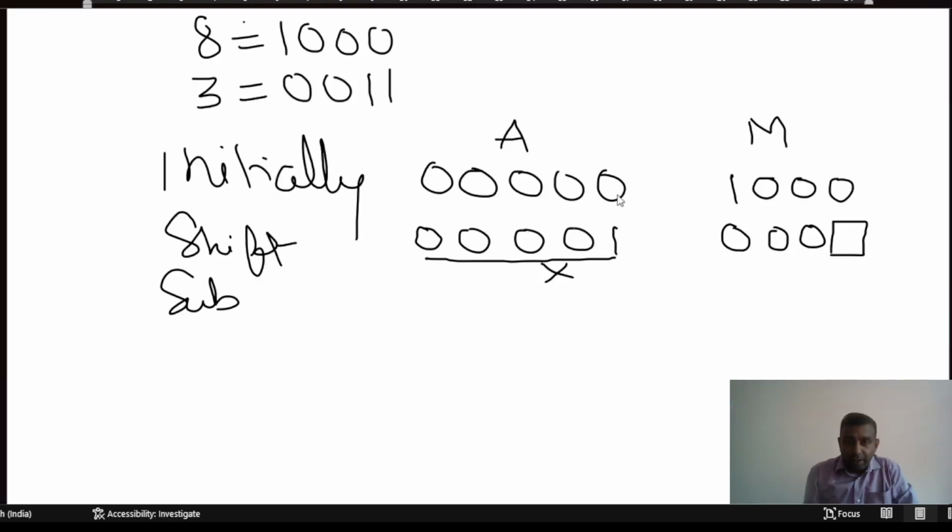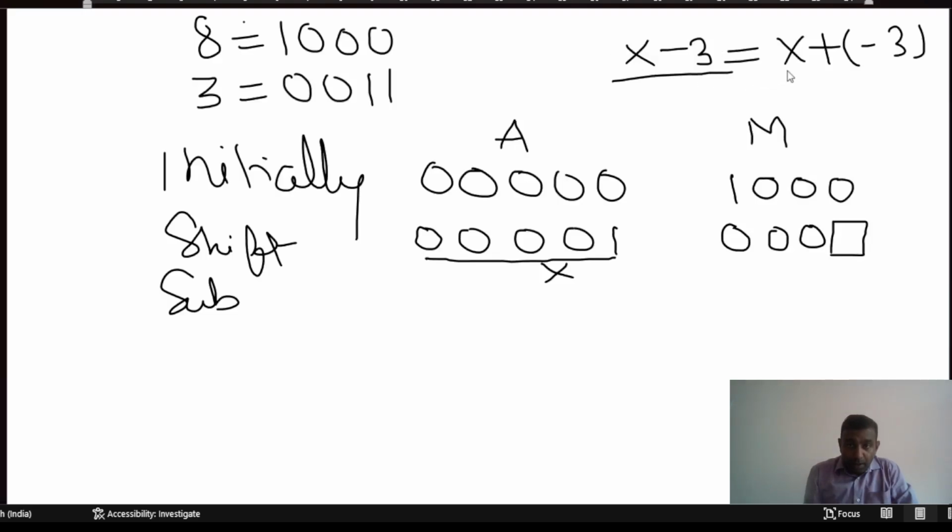So X minus 3. This operation is equivalent to X plus minus 3.